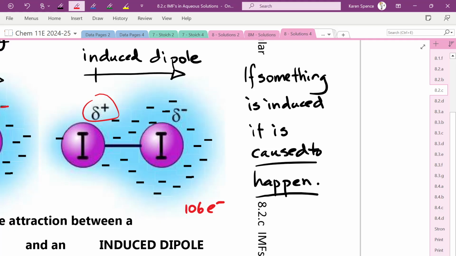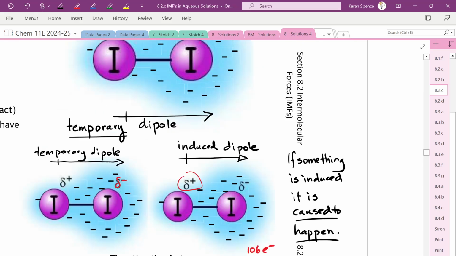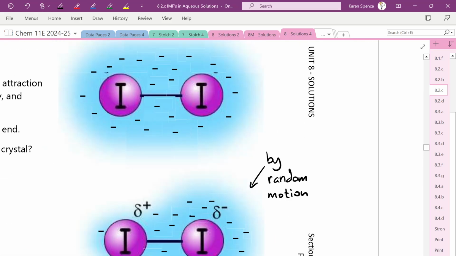Okay. So, what do we call these lovely forces between temporary dipoles and induced dipoles when we have originally a non-polar molecule? Sadly, they're not called temporary dipole induced dipole forces. That would be lovely if they were, but they are not.